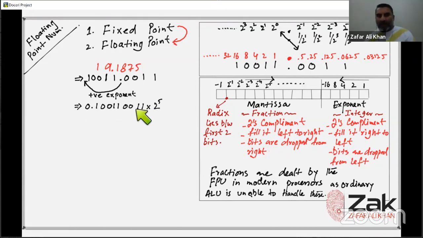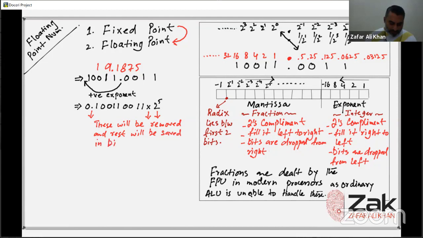So this is our standard form, but this standard form has a point and a multiplication and this 2 base and this 5 in the denary form, which is not the perfect representation of the floating point in this case. So what basically happens is that this point, this multiply and this base 2 will be removed and the rest will be saved in binary form.